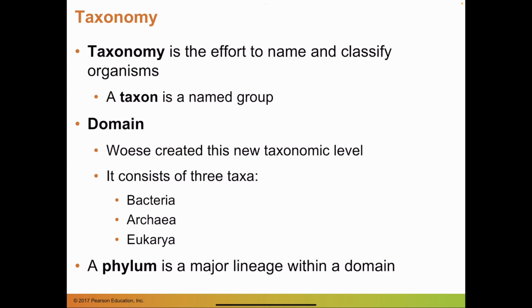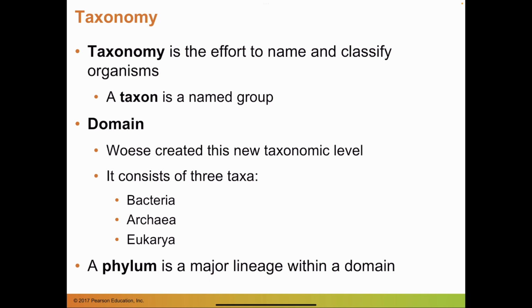So a taxon would be a named group, hence the name taxonomy. When you have a taxon, it makes things easier for any person who's looking at an organism to identify, oh, this is a mammal, or this is a bird, or this is a fish or whatnot. So taxons are great. Taxonomy is a very useful system.